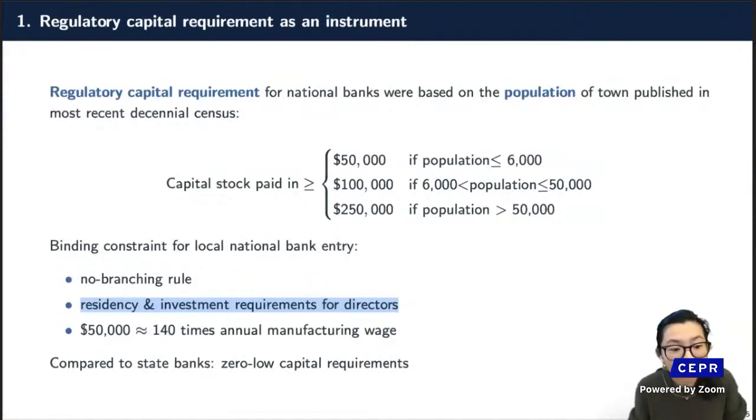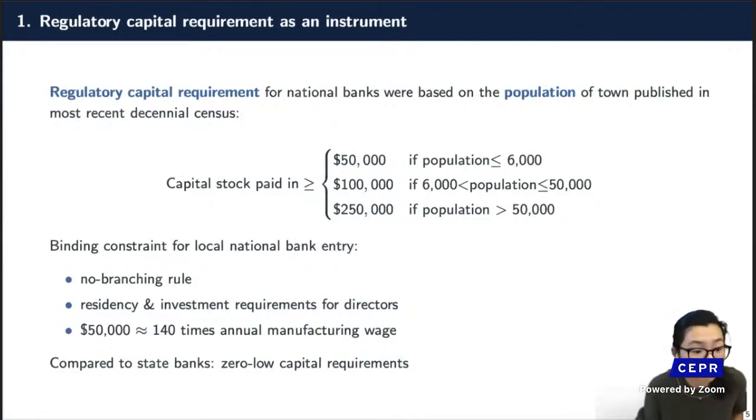Okay, so this was also not a very small number during that period. $50,000 roughly translates into 140 times the annual manufacturing wage. So these were fairly large institutions that were going to be much better capitalized than the alternative, which were known as state banks.